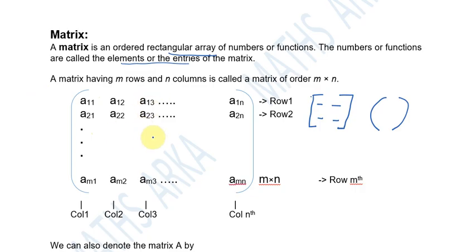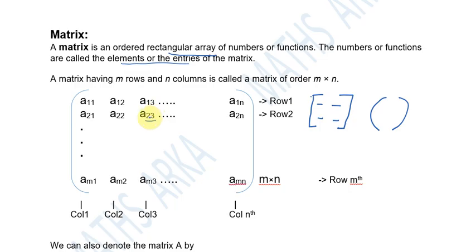Now, if we talk about the significance of this number, what does this number signify? We should understand this number signifies that the first one is for the row and the second one is for the column.